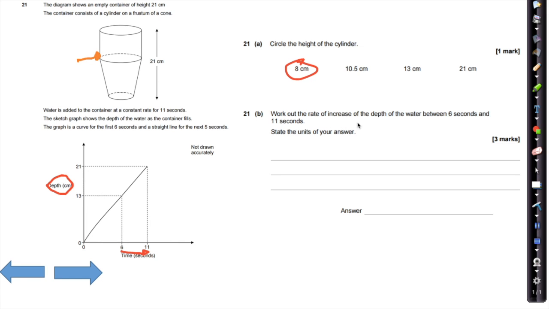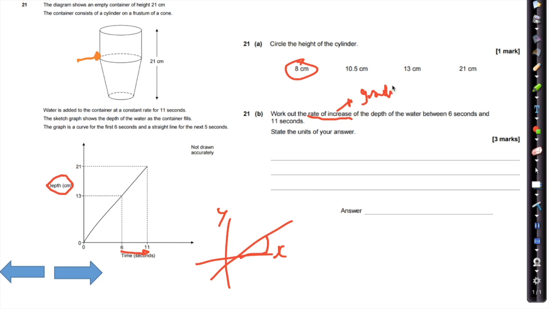Work out the rate of increase of the depth of water between 6 seconds and 11 seconds. So if we want the rate of increase, you may have thought about this before when talking about the rate of change of, for example, a straight line graph. So if we had y and x there, when we say the rate of change, that means gradient.